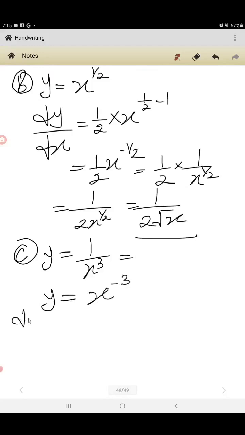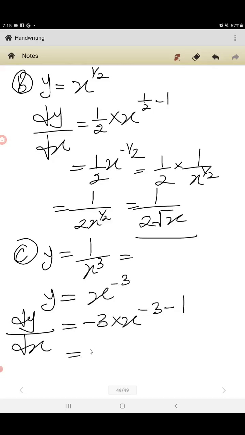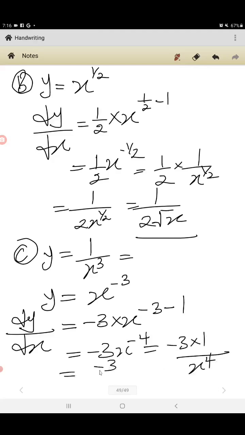So dy over dx will give you the minus 3 multiplying the x, minus 3 minus 1, which will give you minus 3x raised to minus 4. You can still rewrite to have minus 3 times 1 over x raised to power 4, which will give you minus 3 over x raised to power 4. So that is the final answer for that.